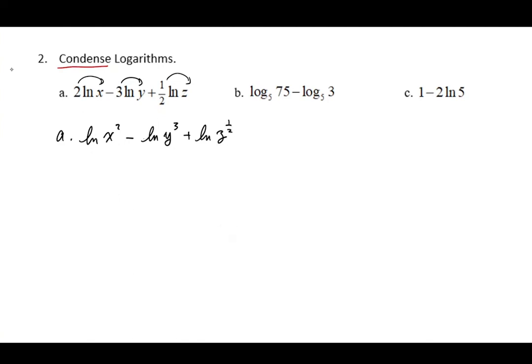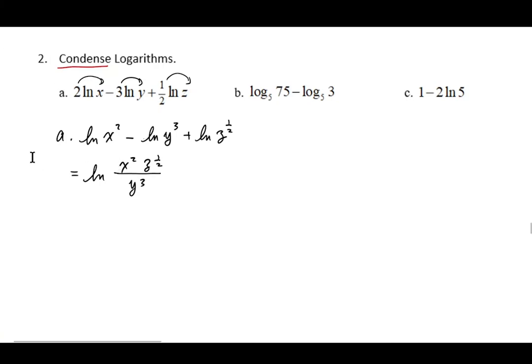Then we combine into one single logarithm, so ln of a fraction. The only thing in the denominator is this negative term, so y cubed here, then x squared and z to the 1/2 in the numerator. And once you get good at it, you can do the whole thing in one step.